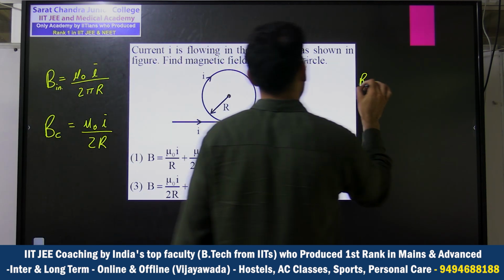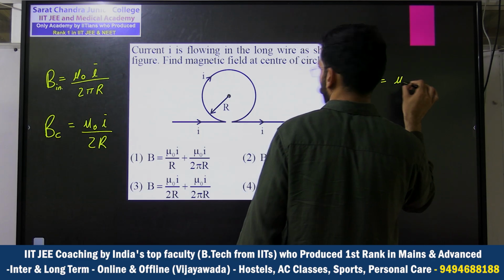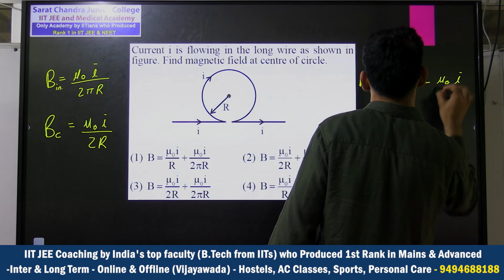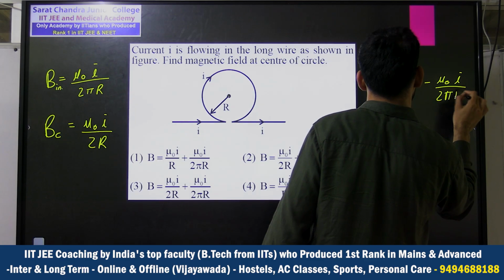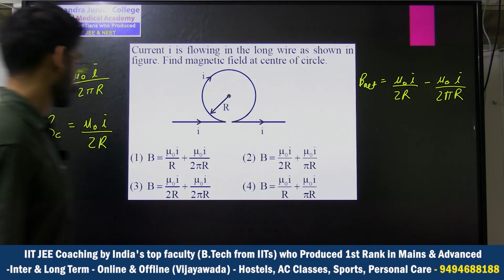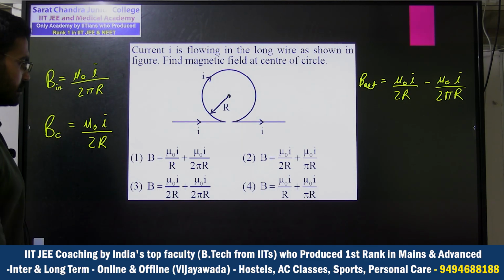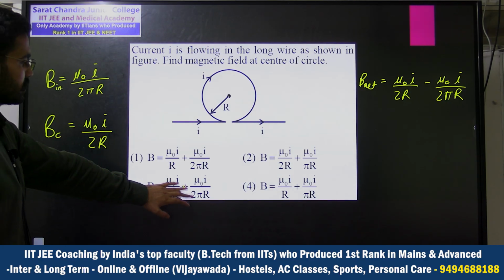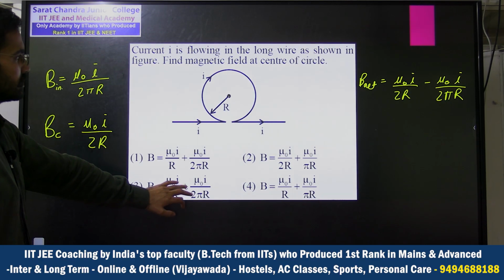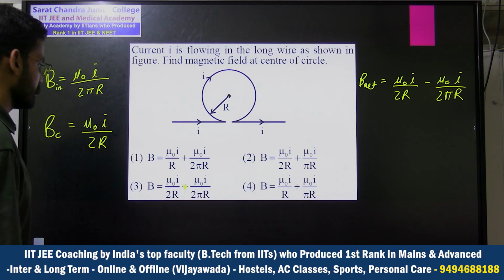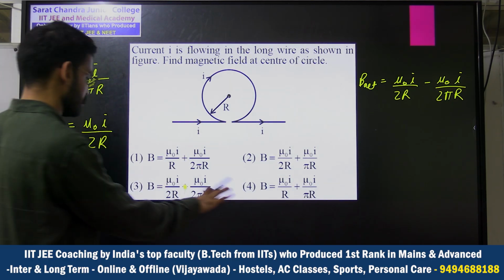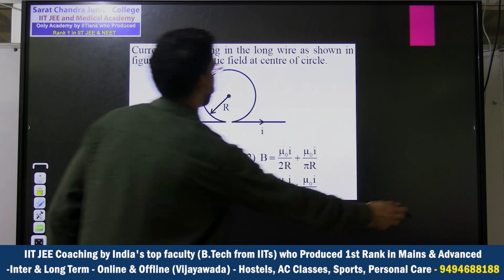So the net will be mu naught I by 2r minus mu naught I by 2 pi r. This is memory based only, so maybe they gave the options wrong. One of the options is correct if you consider minus, then this is okay. Next, memory based, that's why. Okay, next.